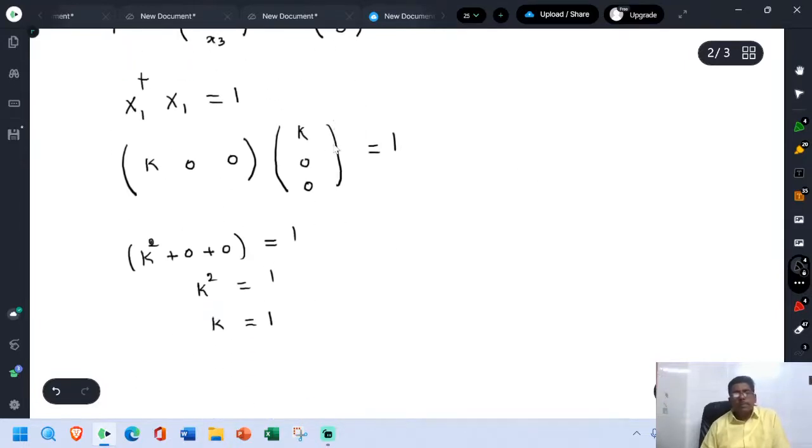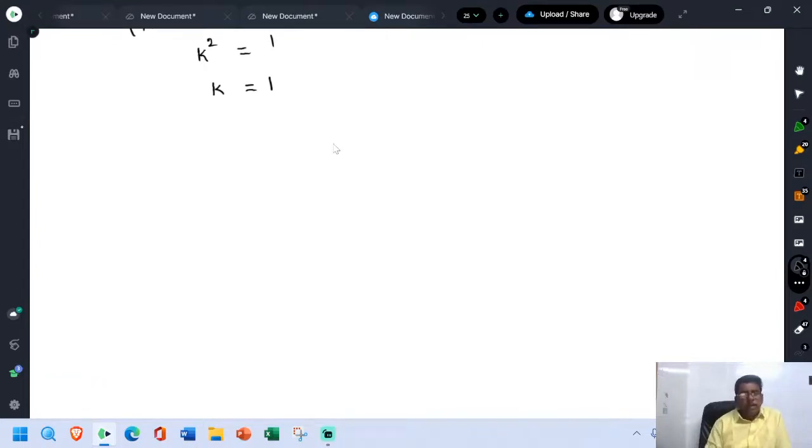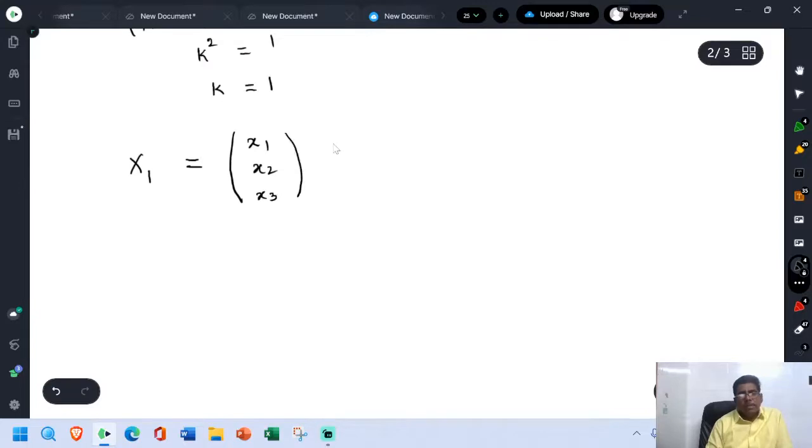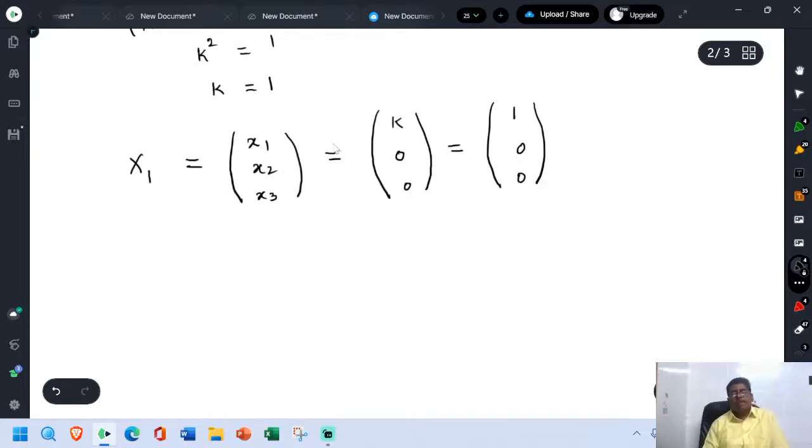Now the characteristic vector, eigenvector x1, which is x1 x2 x3, is equal to k 0 0. Then, with the value of k as 1, it is 1 0 0. So this is the eigenvector corresponding to the eigenvalue lambda 1 equal to 1. This is the first eigenvector.